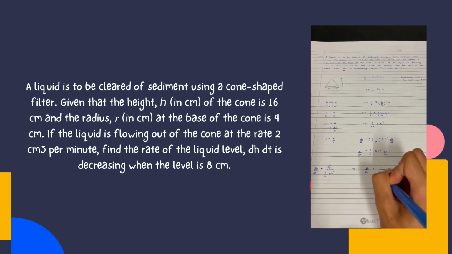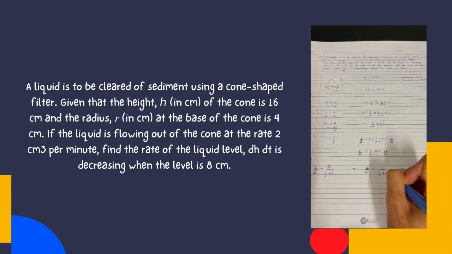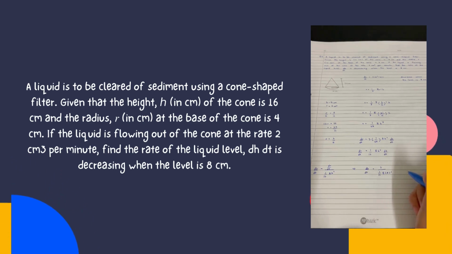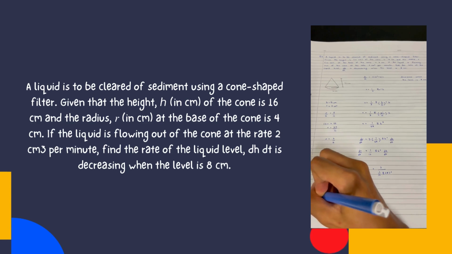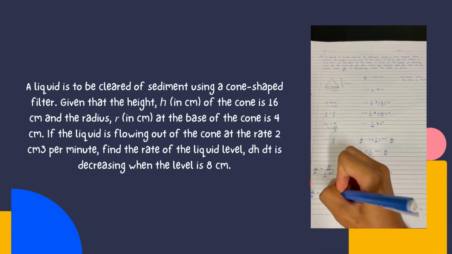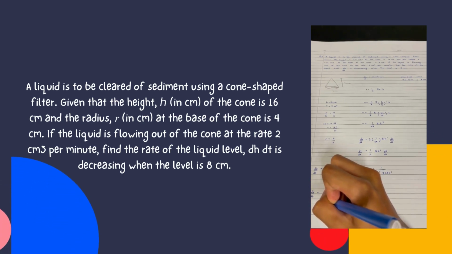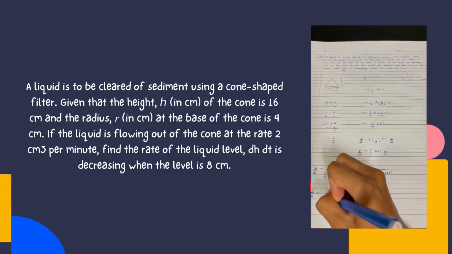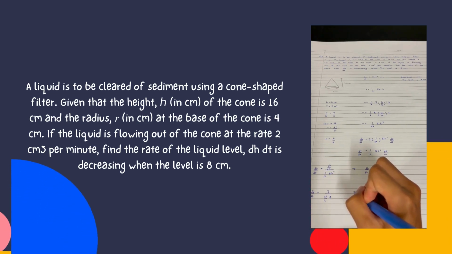So dH over dt equals 2 over 1 over 16 pi, and h as stated in the question is 8 cm. So we replace the h with 8, giving 1 over 16 pi times 8 square. Then we expand it, so dH over dt equals 2 over 64 over 16 pi.